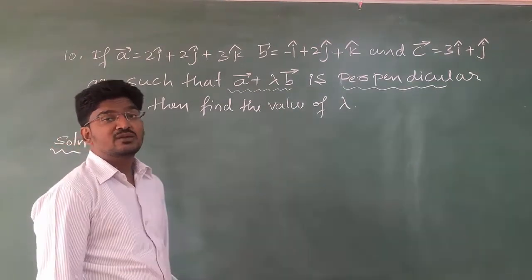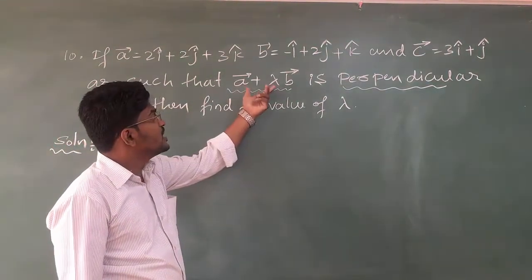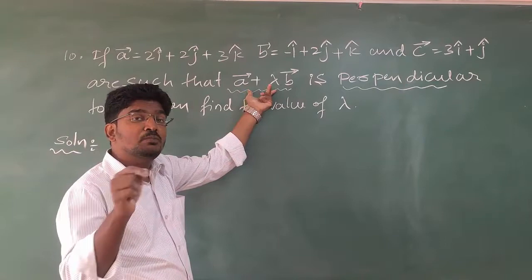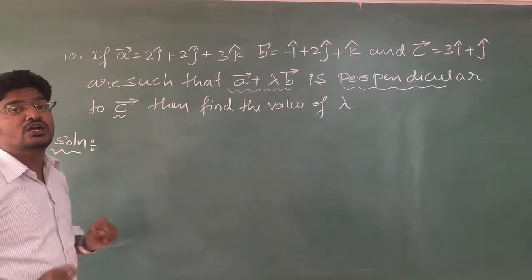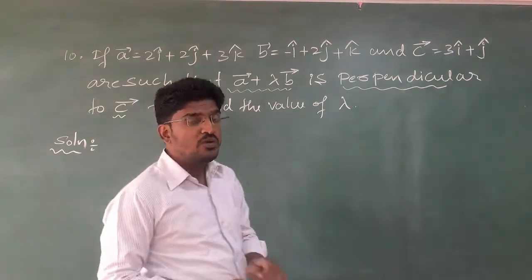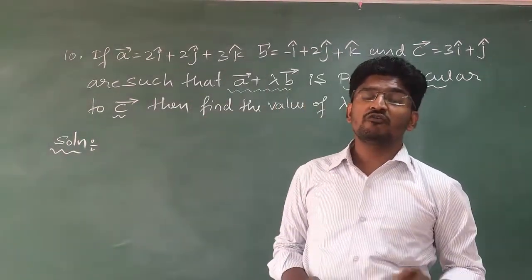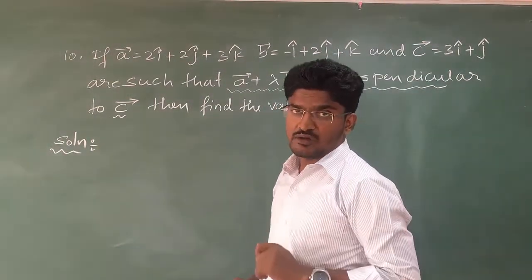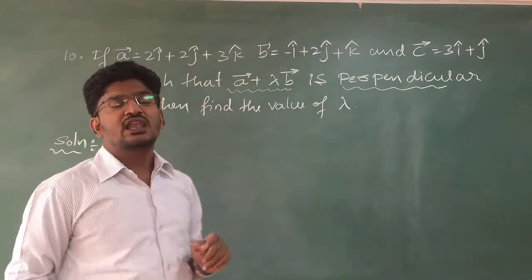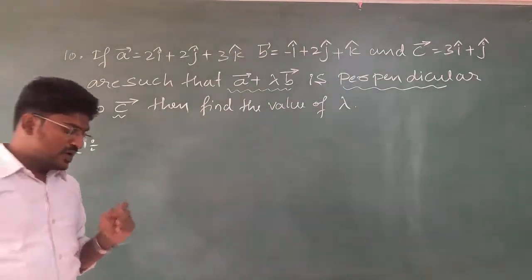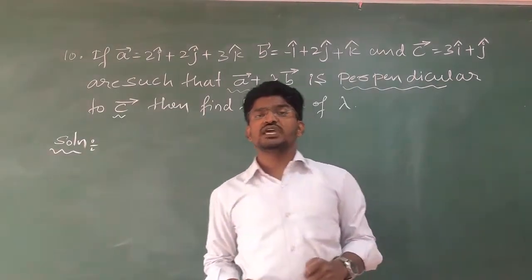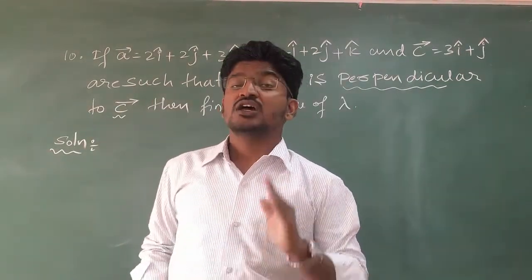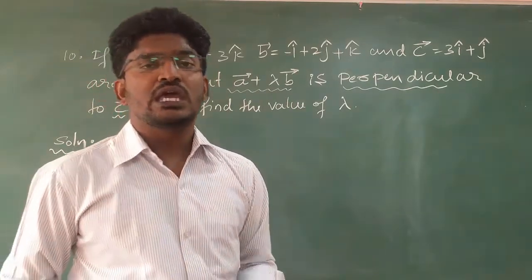Okay, that means vector A plus lambda times vector B dot vector C is equal to 0, from the properties of scalar product. Because whenever two vectors are perpendicular to each other, their dot product has to be 0.